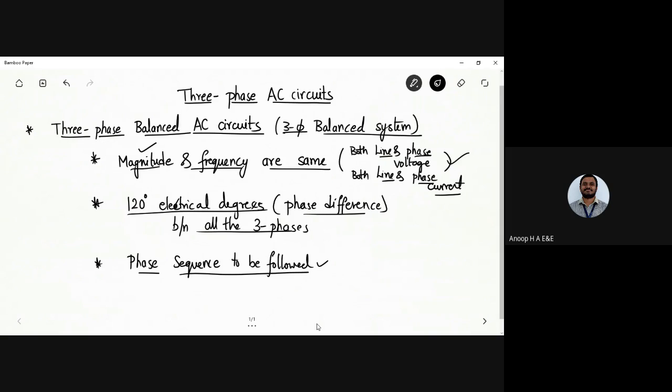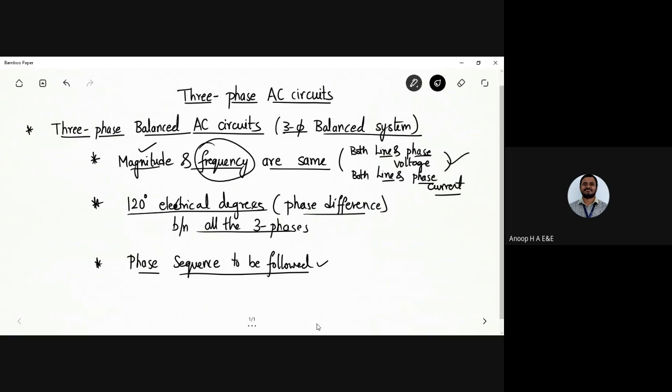We are going to discuss this in detail once we come to the definition. Next, we have the derivation part, and then we are going to solve numerical problems. All those things will be covered in depth. As for the frequency, I know that the frequency would remain the same. That is not a problem.